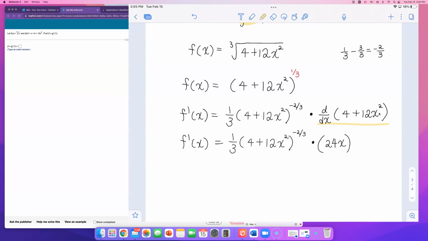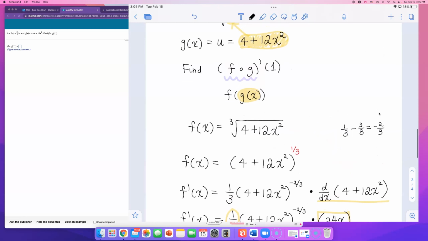Now I'm going to take 1/3 of this 24x, okay? So what is f prime of x? 1/3 of 24x is 8x, and then I'm just going to bring this down. Now what did they want us to do after finding the derivative?